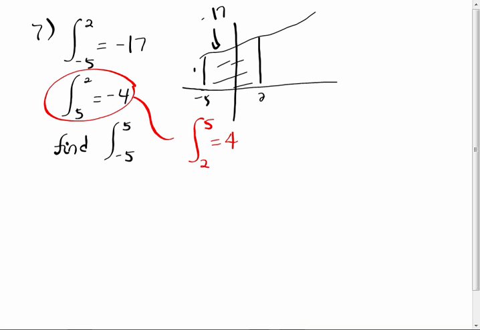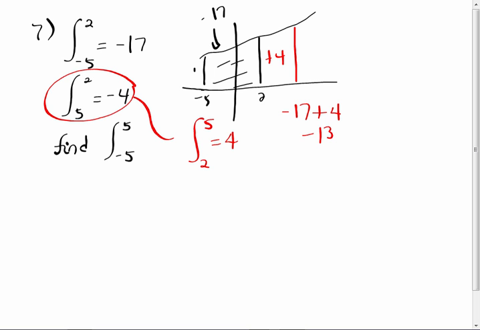We're doing number 7. This is the area from -5 to 2. This is in the wrong order. It's from 5 to 2. I want it from 2 to 5. So from 2 to 5, that's a +4. So it's -17 plus 4, or -13. My picture's wrong.